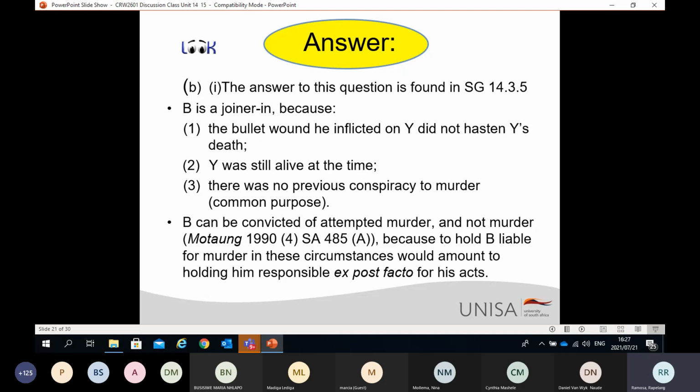That is how you'd get your 5 marks. You'd get your marks from not only giving the answer in terms of who the type of participant is, but in terms of having used the principles of law to identify that participant, and then go on further to rely on authority to determine what the nature of that participant's liability is.